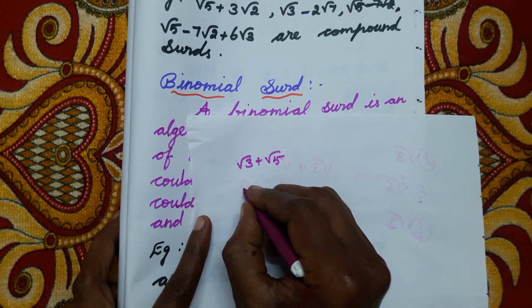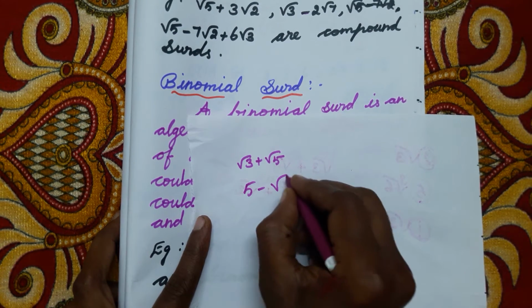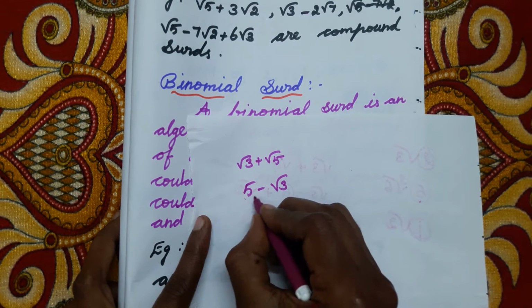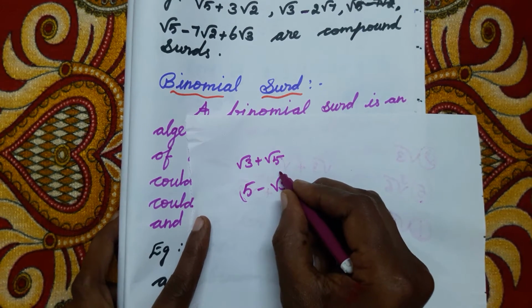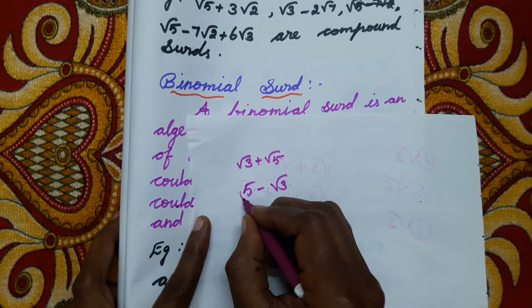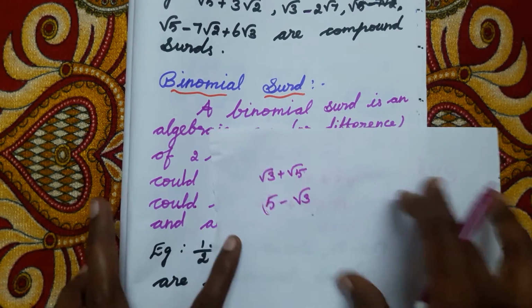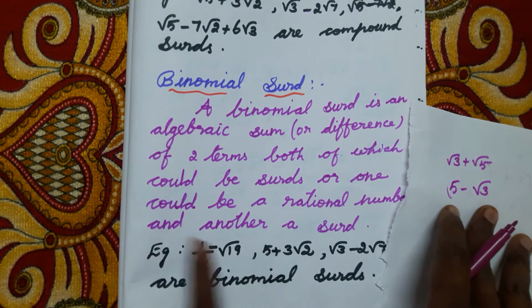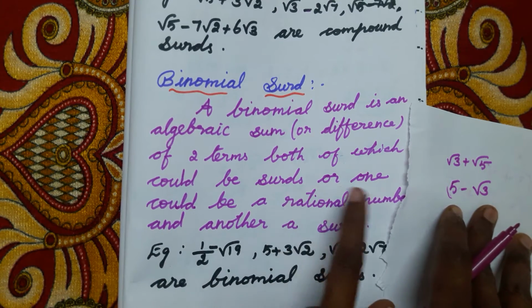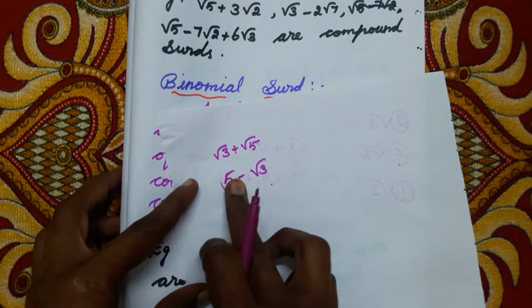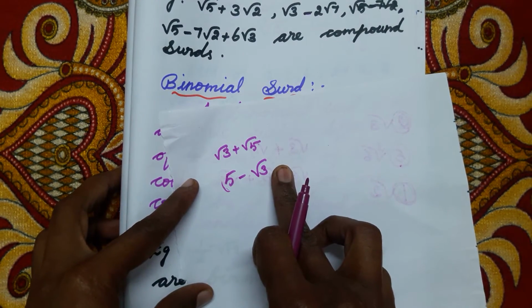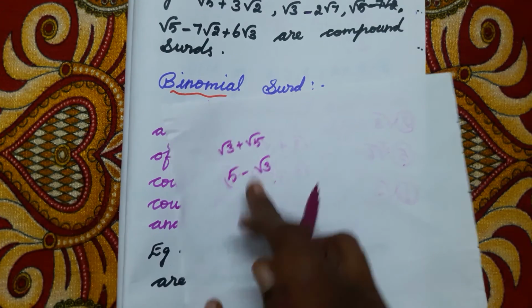Next, root 5 minus root 3. Both are surds. Or one could be a rational number and another a surd, this is also a binomial surd.